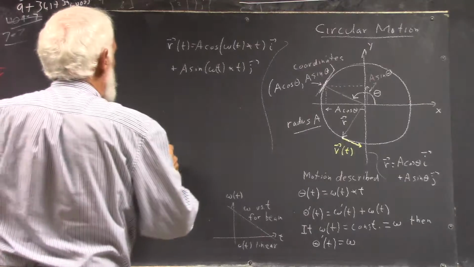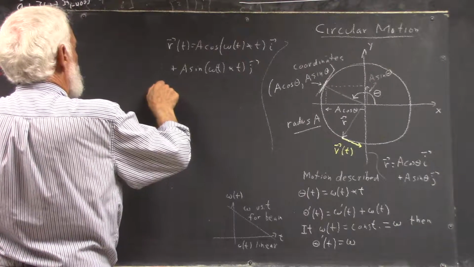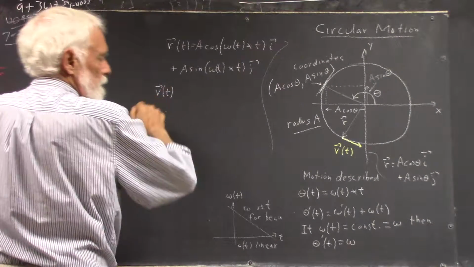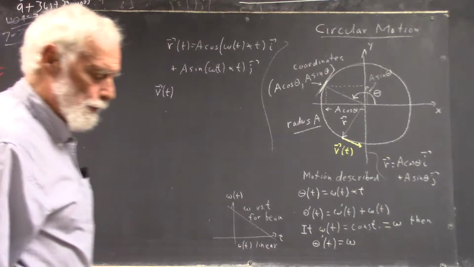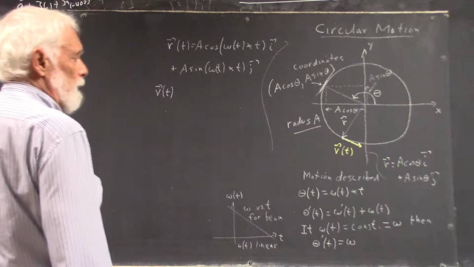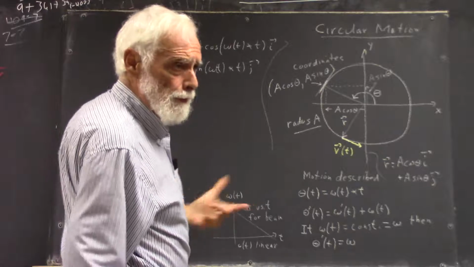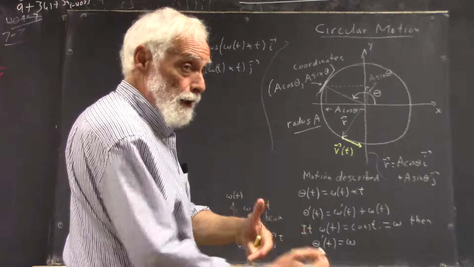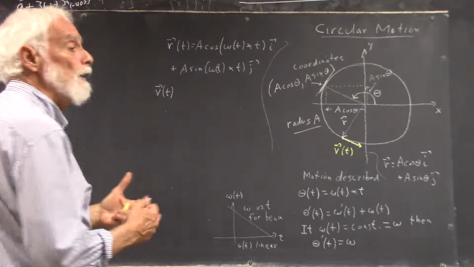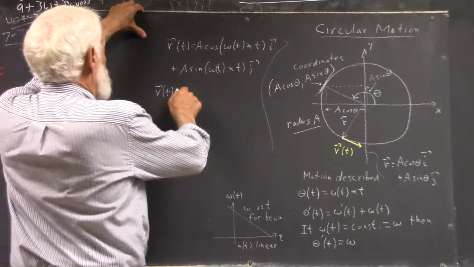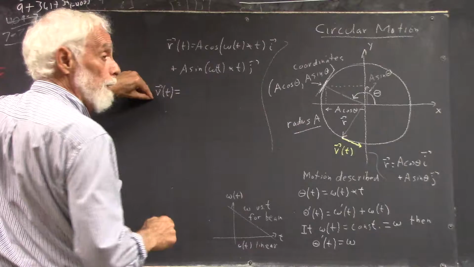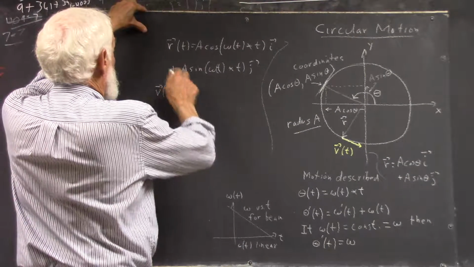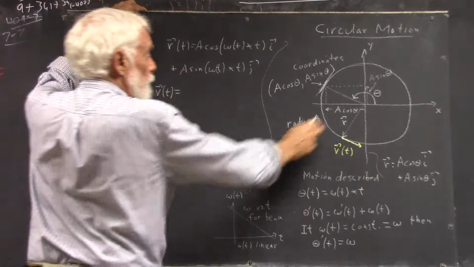Okay, so that's v of t, and I'm declaring this without deriving it. It's something that's derived in multivariable calculus early in the course, and it's pretty easy to understand, and I'll justify it in a little more detail later. But intuitively, velocity is the derivative of position. The position is described now by the vector r.